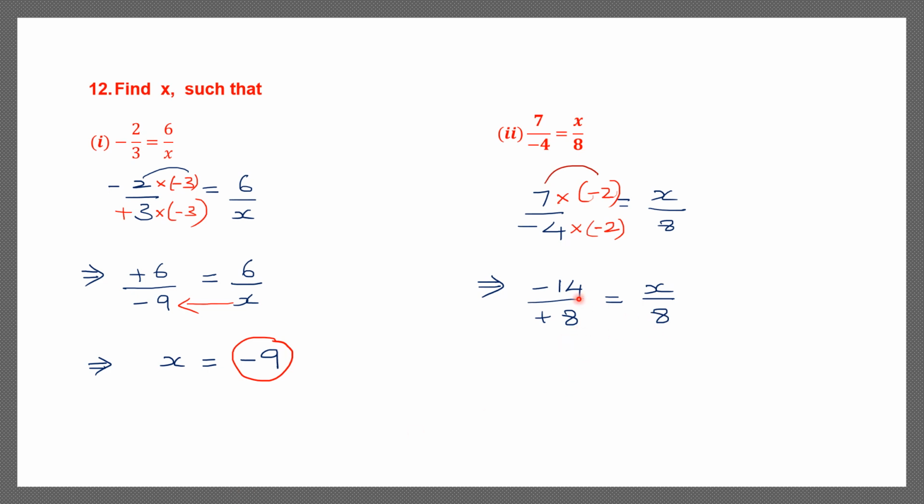It's the same. Now, x is equal to minus 14. So this is how we find out the value of x. So let's write that down. X is equal to minus 14. So we've got our answer. We found the value of x to be minus 14.